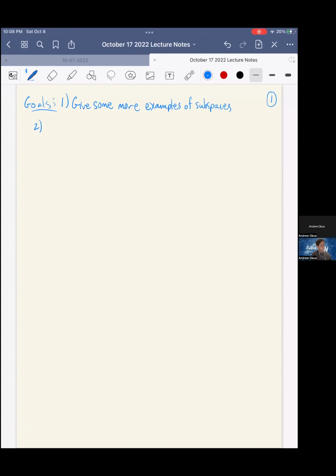And then number two is to discuss the concept of basis of a subspace. There are going to be several other mini concepts that are related to what a basis is.